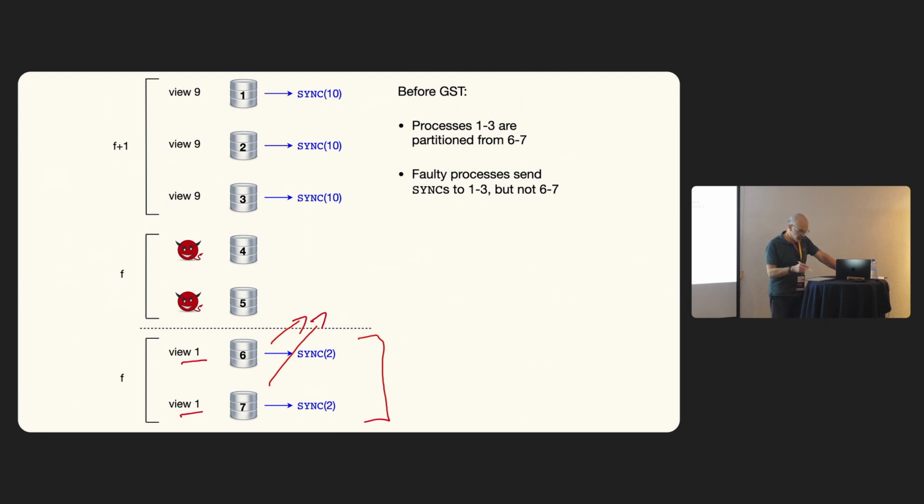Now on the other side, we have this f+1 processes reaching view 9, and now they're voting for view 10.